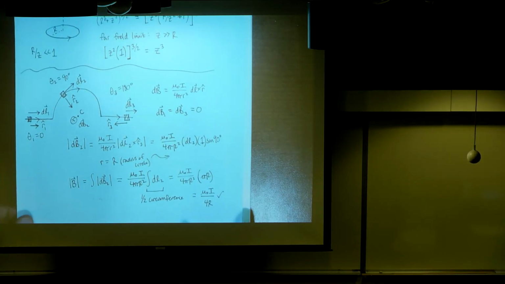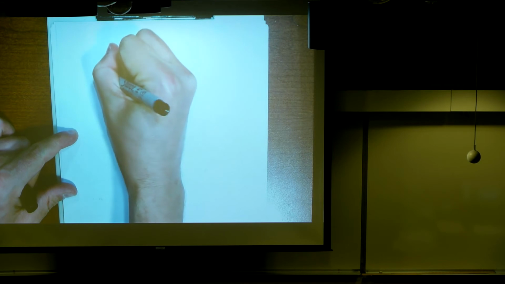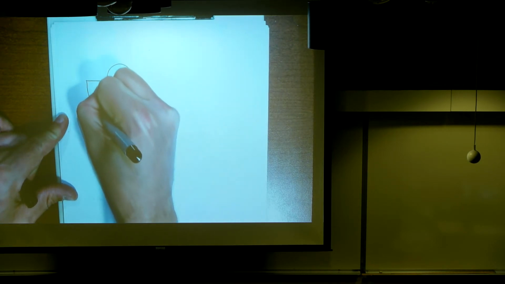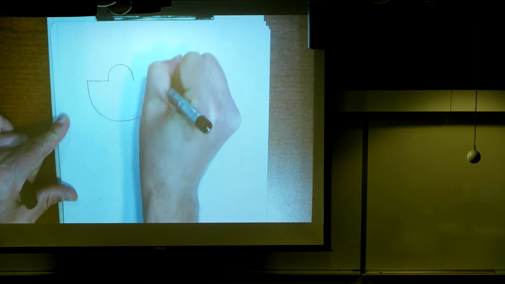All right, so let's go through this. I'm going to draw the picture once again and just label everything in the way that it was shown on the diagram. Remember, we have the smaller half circle on top and a straight segment of wire connecting down to a larger half circle on the bottom, and then connecting back up with another straight segment of wire.